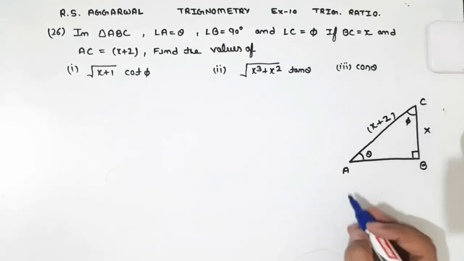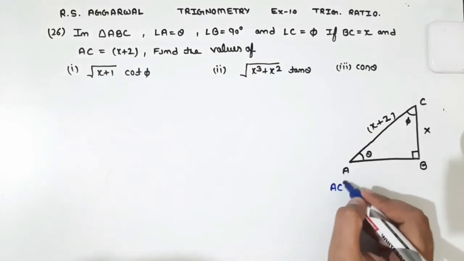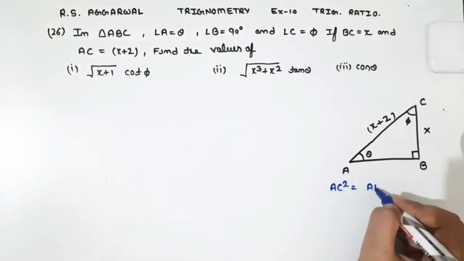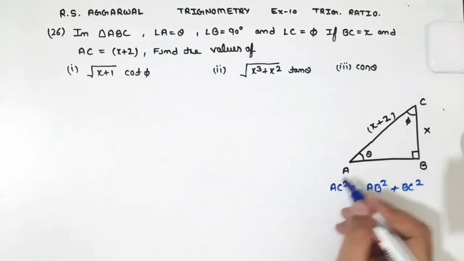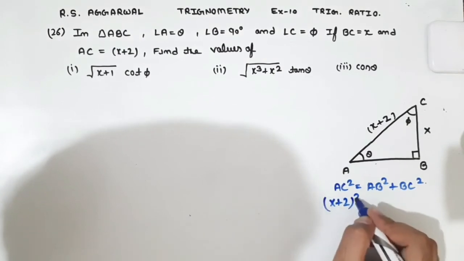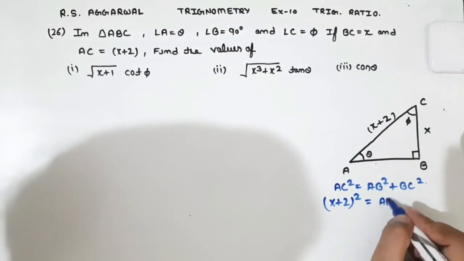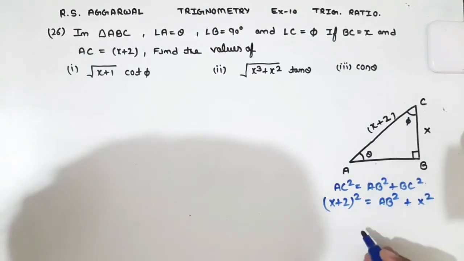So in right angle triangle ABC, AC square will be equal to AB square plus BC square. AC is x plus 2 whole square. We have to find AB. AB square plus BC is x, so x square.